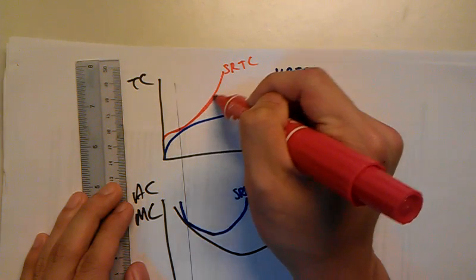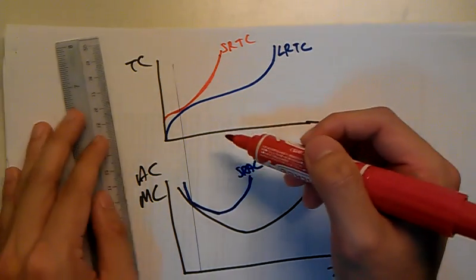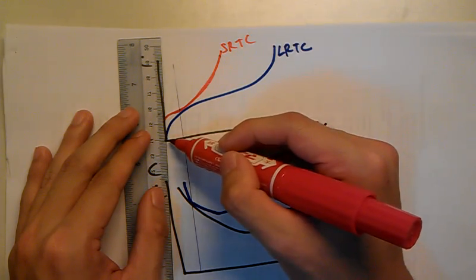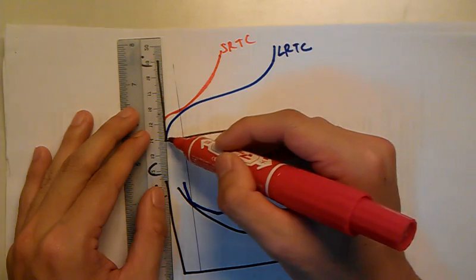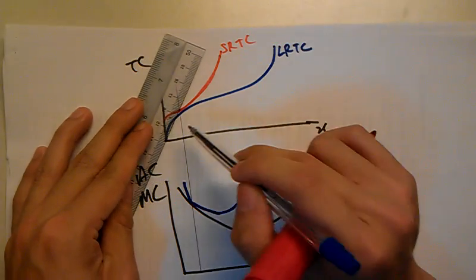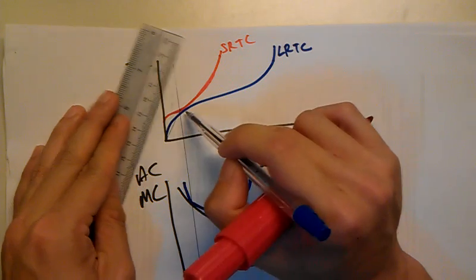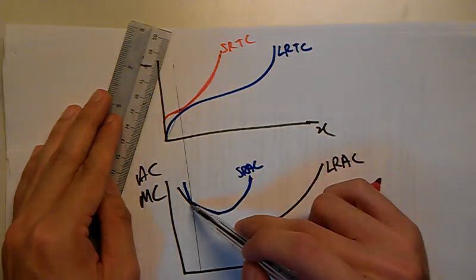The reason why this part intersects here is that to calculate average cost, it is the gradient of the ray from the origin to the graph. If I draw a ray here, they are sharing the ray, so the gradient is the same, and they meet here.